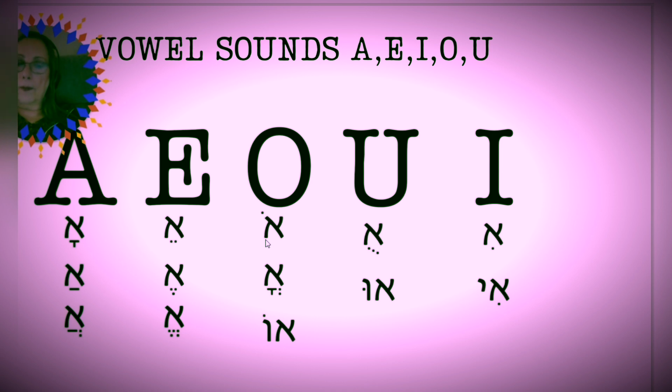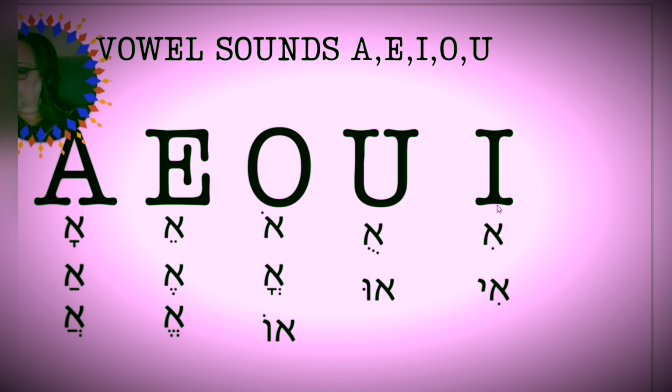Now we have the U, the oo. Okay, so we have the three little dots. So we have oo and oo. And this one, I think I had mentioned that it looks like a person standing, and this little dot is near the stomach, and a little ball hit the stomach. So you said ooh. Okay, so it's ooh.